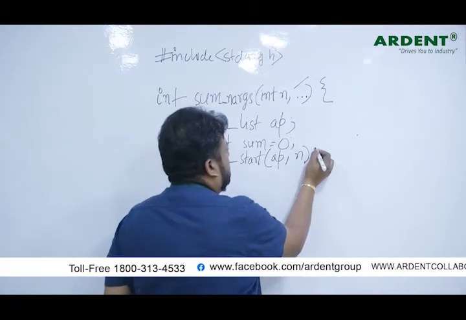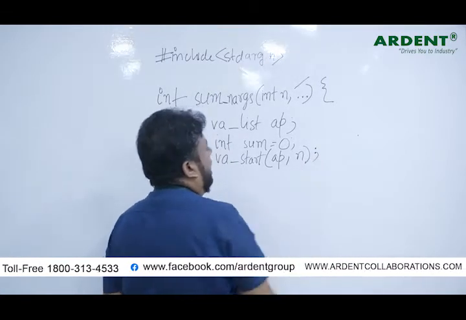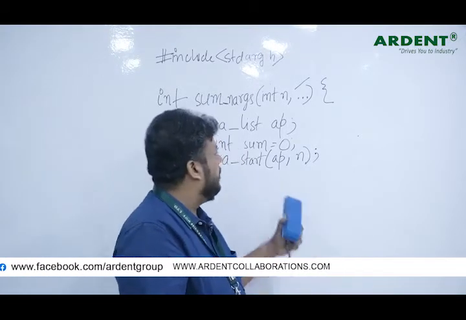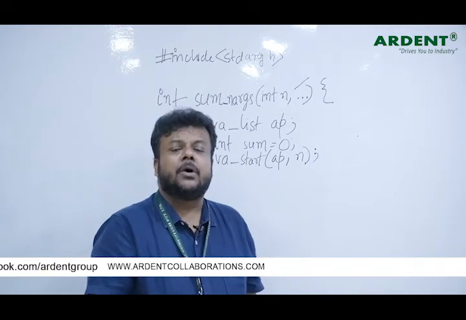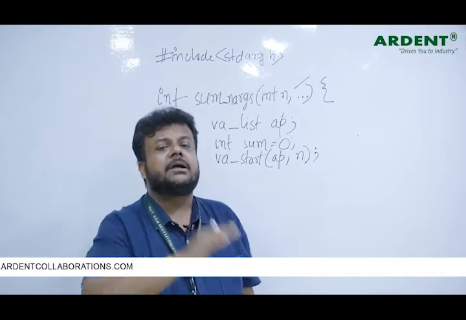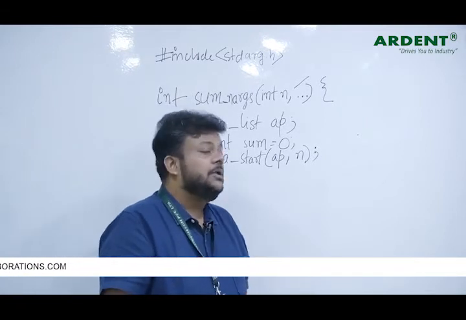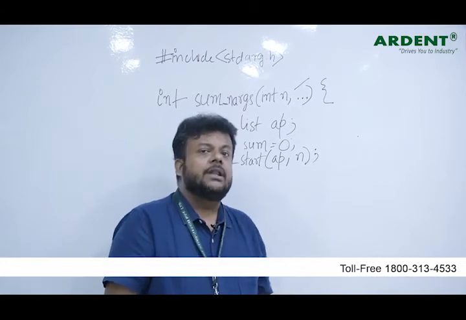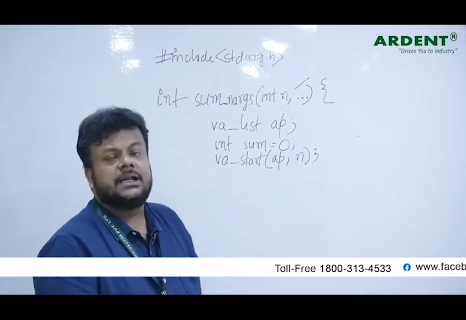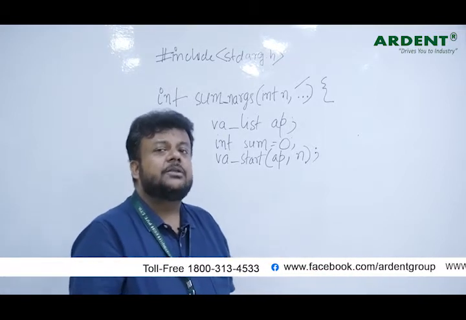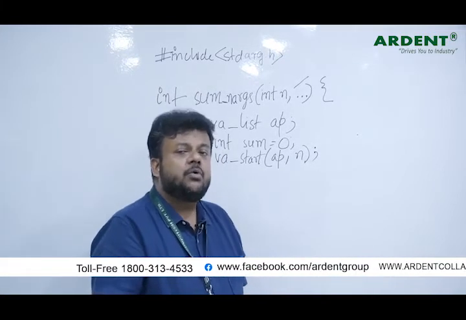So va_start(ap, n). What will it do? This will make the pointer ap point to the first unnamed argument after the named argument n, or what I wrote earlier, it will point to the unnamed argument 2 whenever we write va_start(ap, n).